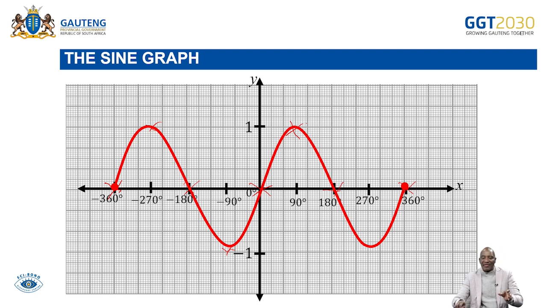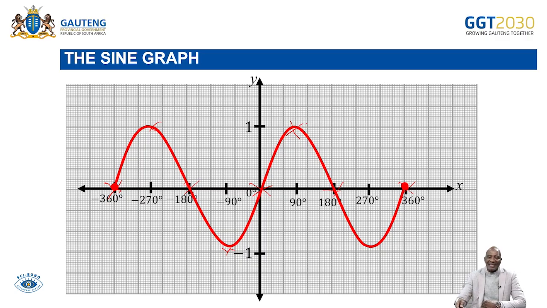This is the behavior of the sine graph when observed between negative 360 degrees and 360 degrees, which is our domain. This is what we mean by our domain. Our graph starts from negative 360 degrees and stops at exactly 360 degrees. Then the question is, how do I know that it stops exactly at 360 degrees?